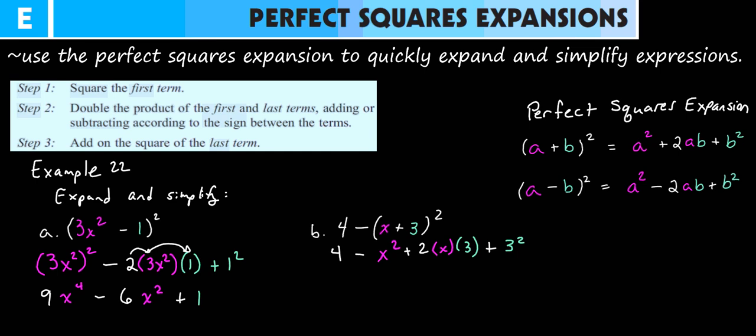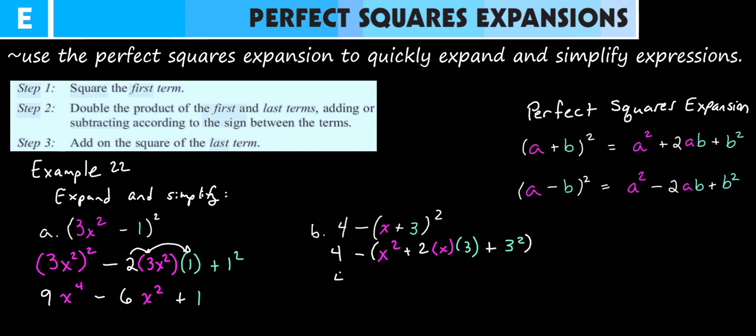Now this is the part where you have to be careful. This is the trick. These still have parentheses on them, so that whole thing is going to be in parentheses. That's important because this minus sign is going to affect it.